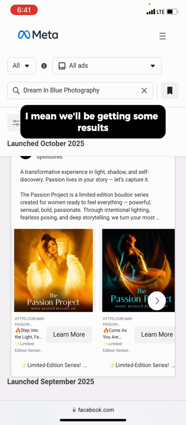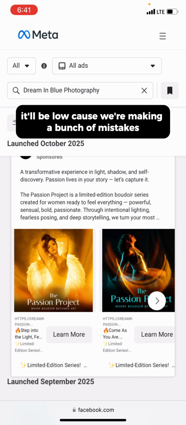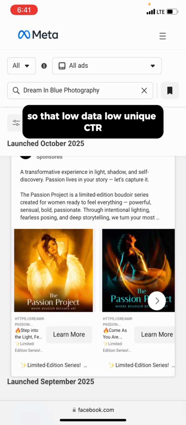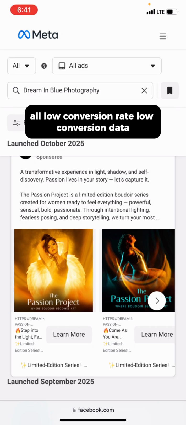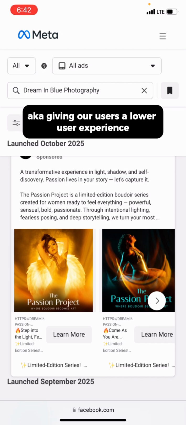Yeah, we'll be getting some results, but relative to everyone else it'll be low because we're making a bunch of mistakes. So that low unique CTR and low conversion data feeds back into the Meta ad algorithm, and Meta sees, oh, this is a lower quality ad, giving our users a lower user experience.